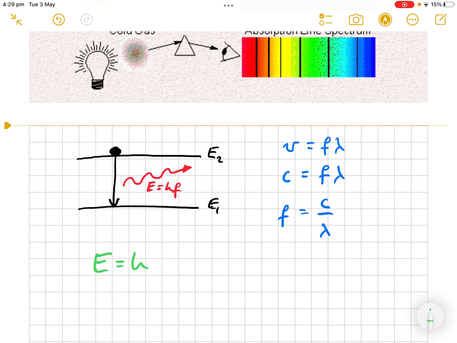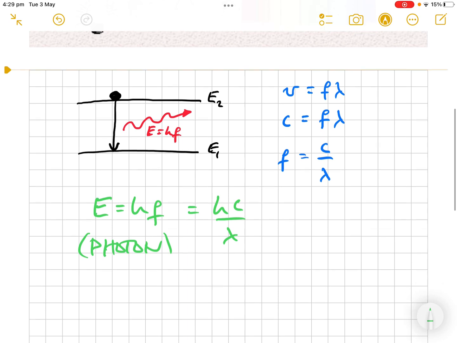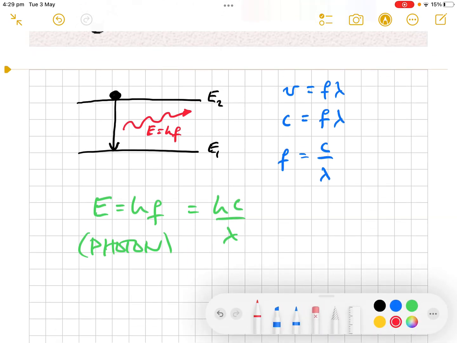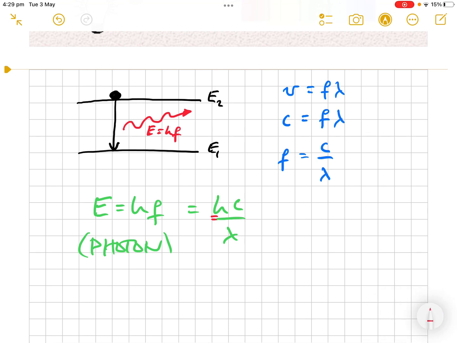Why am I doing that? Well, the photon energy is hf. This is for a photon. We could replace f with c over lambda, so E equals hc over lambda. That's Planck's constant, that doesn't change. Speed of light doesn't change.